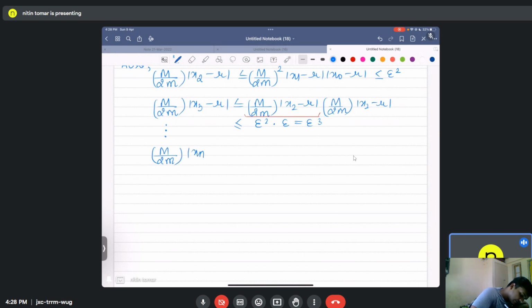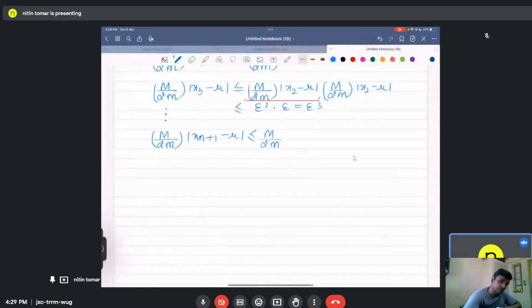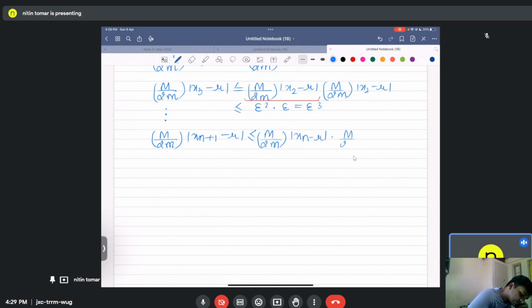m by 2m, |x_{n+1} - r| is less than or equal to m by 2m times |x_n - r| times m by 2m again times |x_{n-1} - r|.